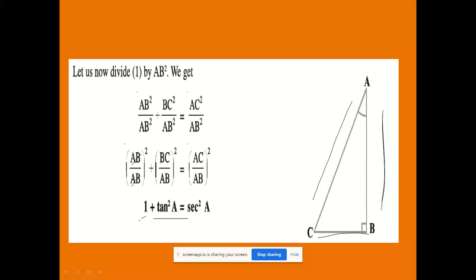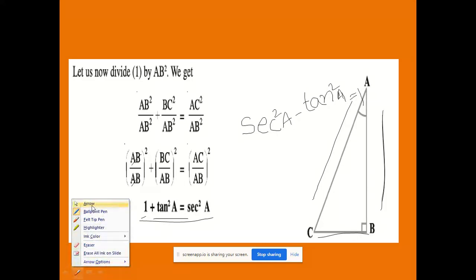So 1 plus tan square A is equal to secant square A. Otherwise we can write it as secant square A minus tan square A. If you bring tan square to this side, plus becomes minus, so secant square A minus tan square A is equal to 1. Okay, now this is the second trigonometric identity.